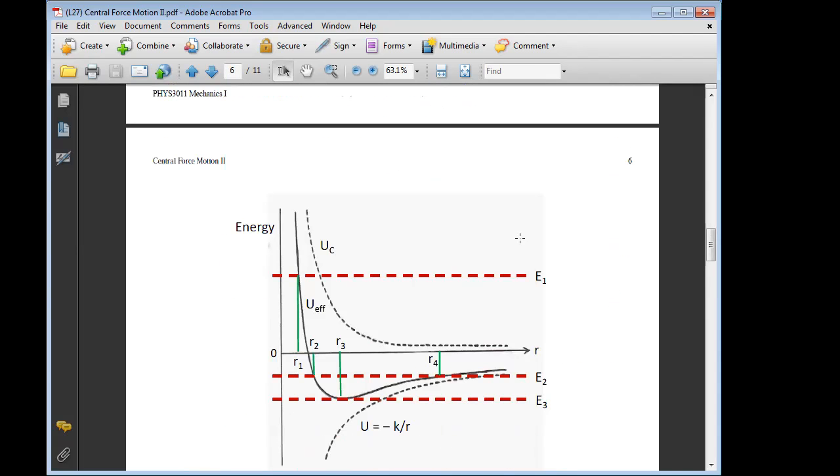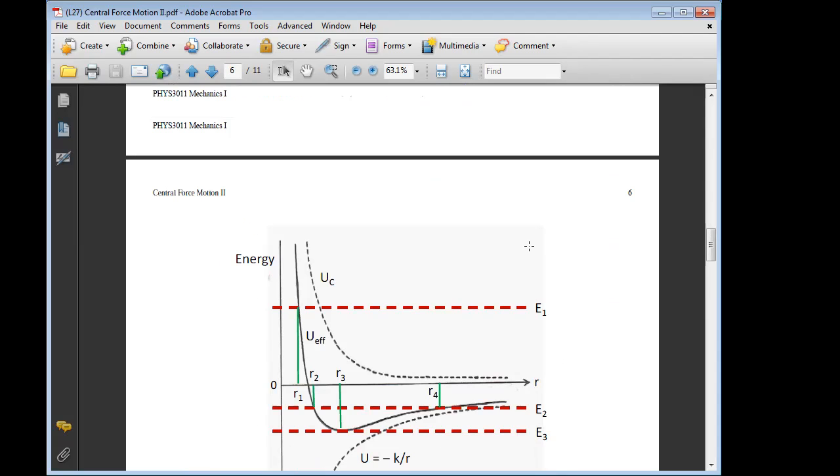Then it is obvious that the particle motion is always bounded, because as r goes to infinity, the potential goes to infinity as well. So the motion is always bounded.